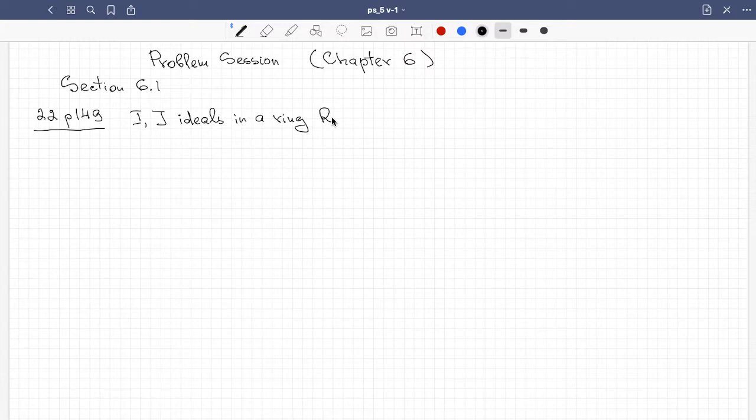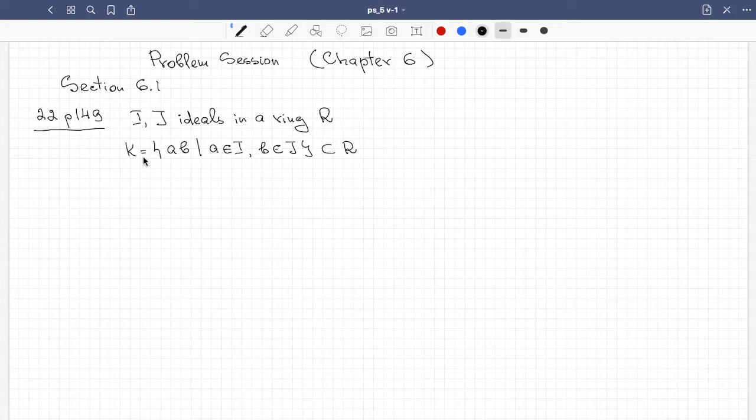And they define a subset K of R as the subset of products AB, where A comes from I and B comes from J. They ask whether K is again an ideal.